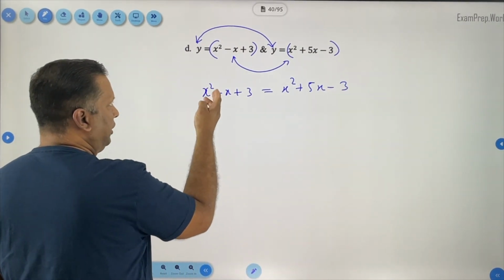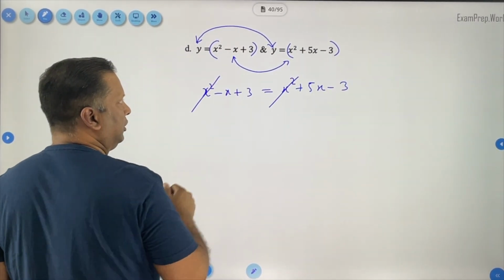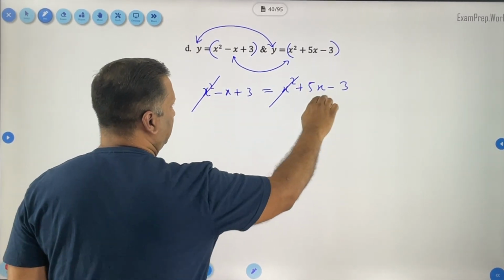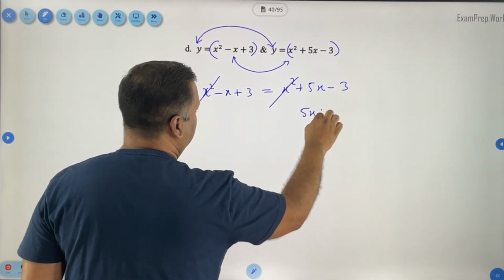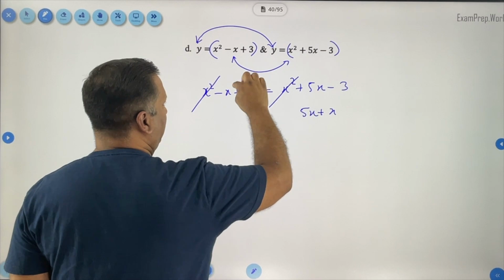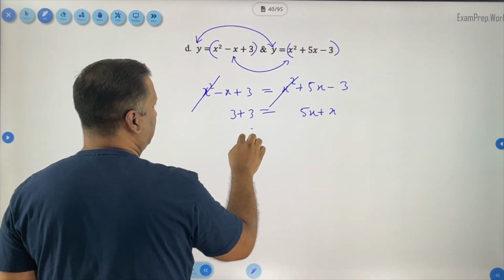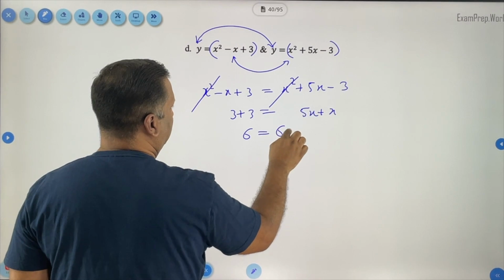Now both sides have x squared, we can cancel them. Now get the x terms on one side. It will become 5x plus x, and I am getting this negative 3 over here, so it will become 3 plus 3. So it is 6 equals 6x.